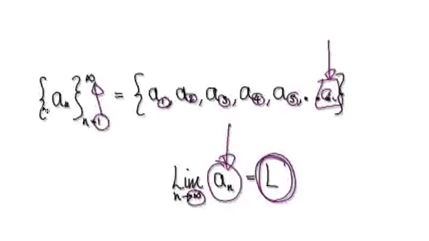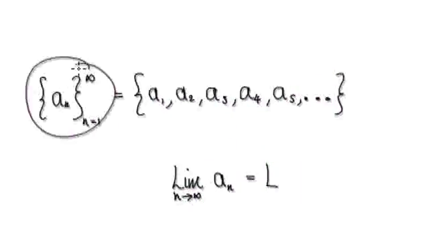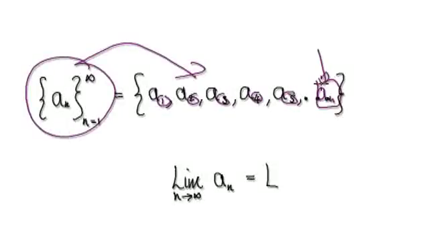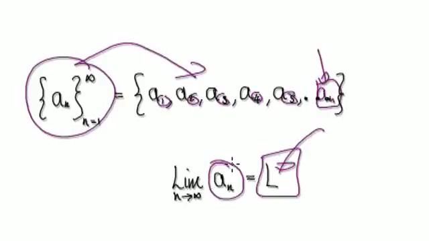But the point is that suppose you have a sequence here and it generates this sequence here. As n heads towards infinity, then this one particular term here is heading towards this limit here. So this really describes a sequence.